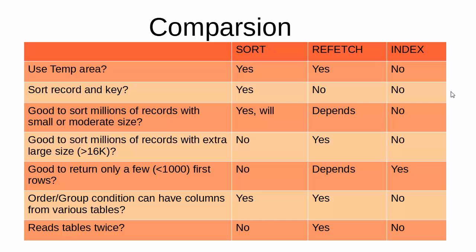Index, no. And of course, we need to remember that refetch actually reads tables twice. The first time to extract the key fields, and after that to extract the data for the select clause.